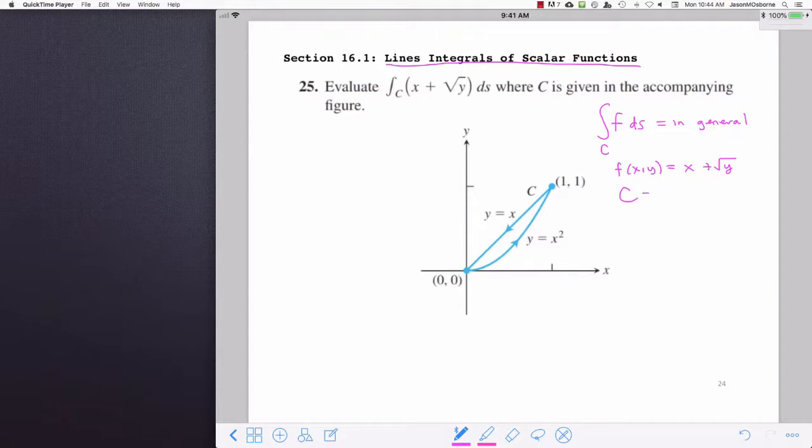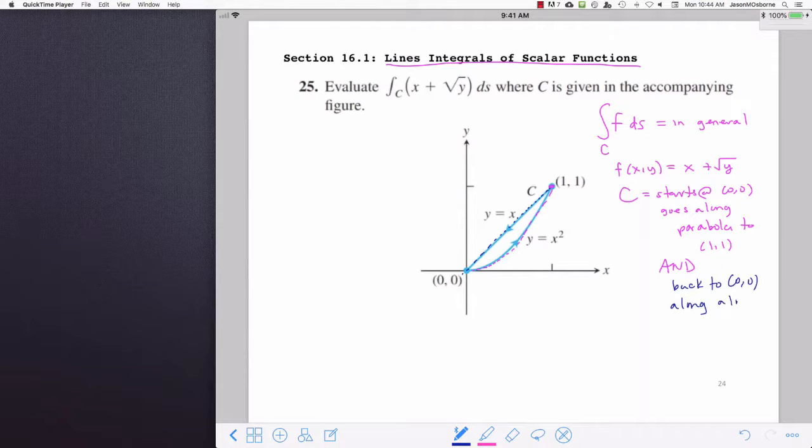It's the curve that starts at the point 0, 0 and moves along this arc of the parabola to the point 1, 1, and then we go a second step, back to the point 0, 0 along a line.